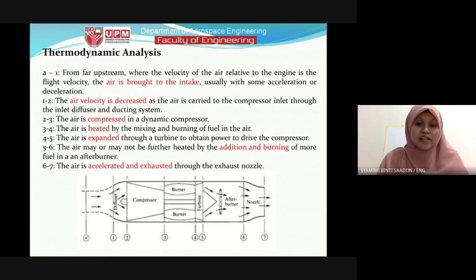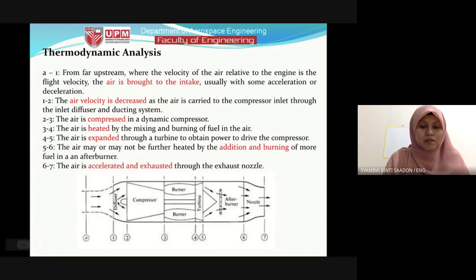The air is brought to the diffuser intake, usually with some acceleration or deceleration; here we decelerate, obviously. Then from 1 to 2 in the diffuser, the air velocity further decreases. In the diffuser the function is to decelerate, remember, the opposite of the nozzle.